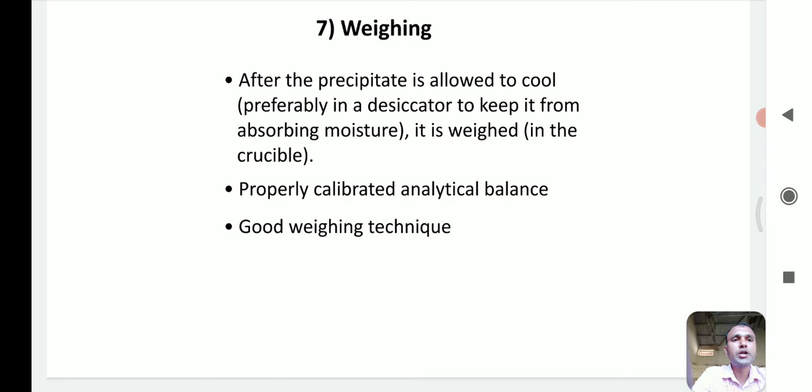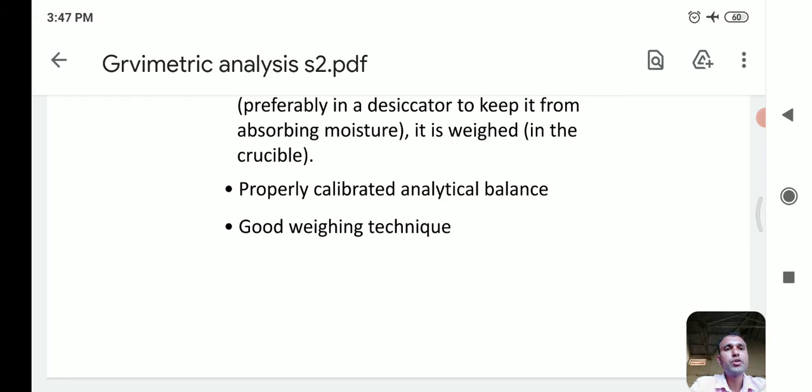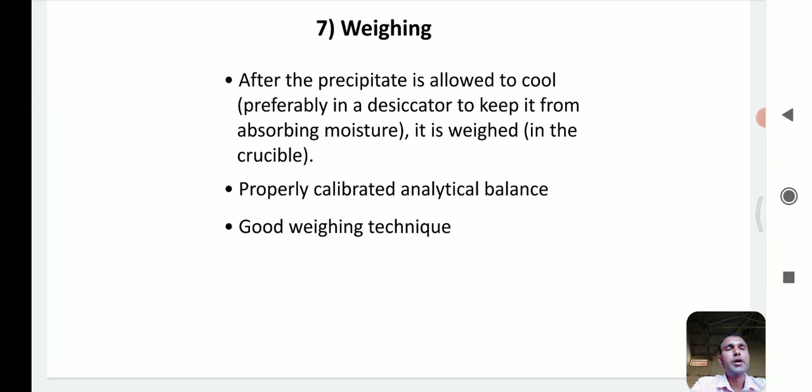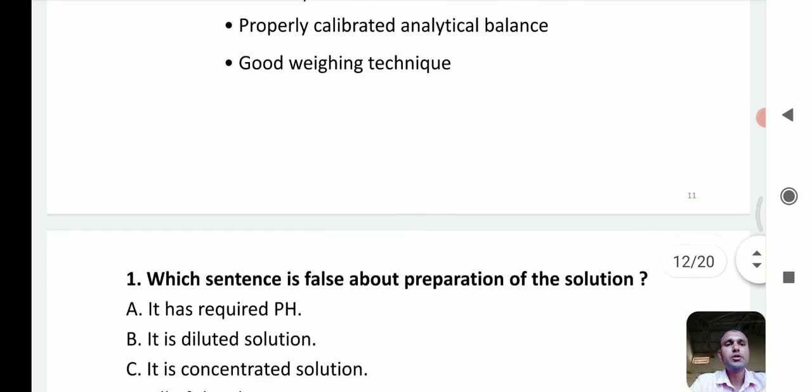In that desiccator we can cool the precipitate, and then it is weighed with the crucible. We have already checked the empty weight of the crucible, so if you subtract the weight of the empty crucible, you will get the weight of the precipitate. A properly calibrated analytical balance should be used, and you should have good weighing technique.